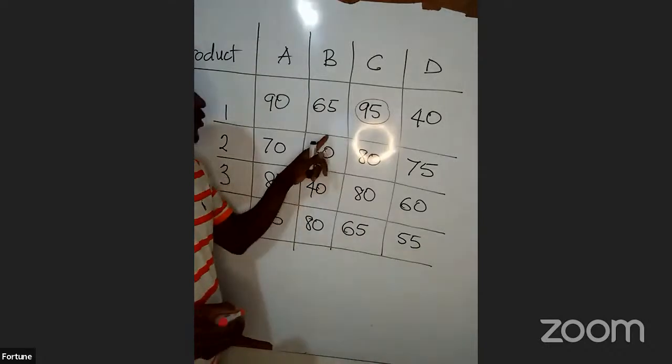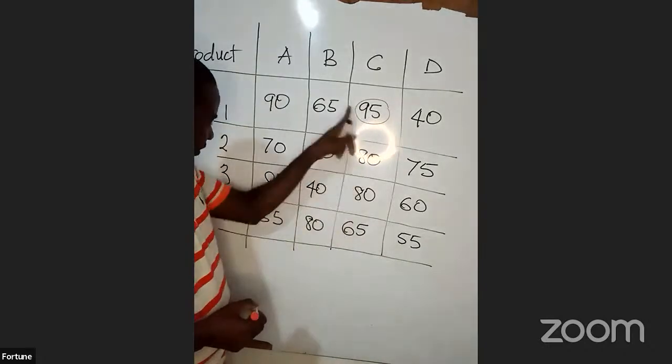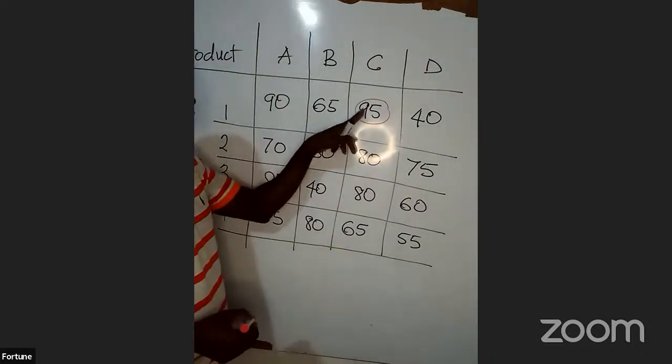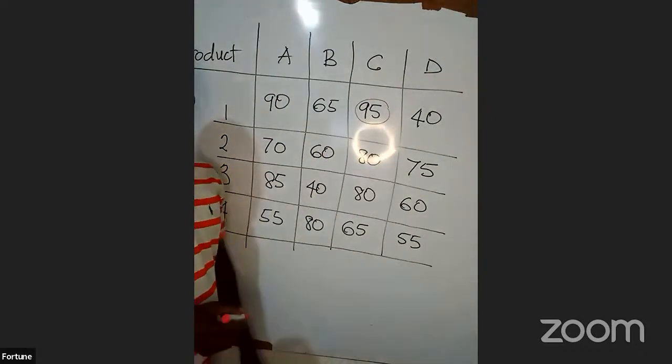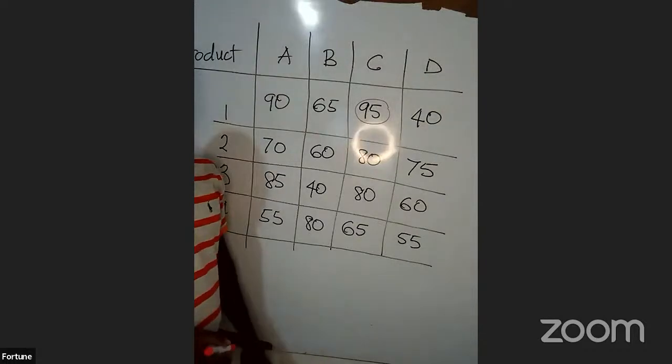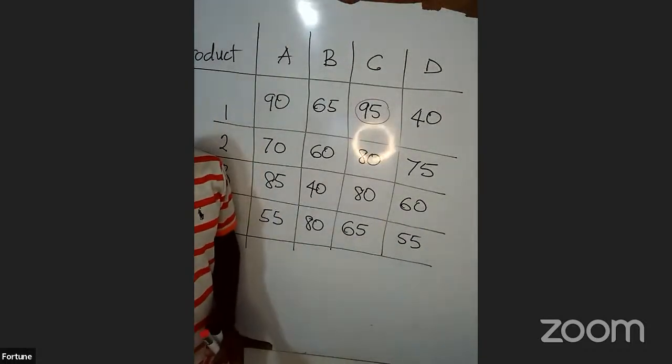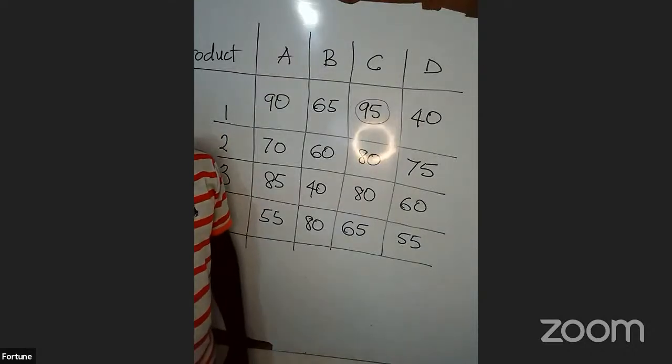Since 95 is the highest of all the numbers, you have to subtract each of these numbers from 95. That's the first thing you need to do for the conversion.